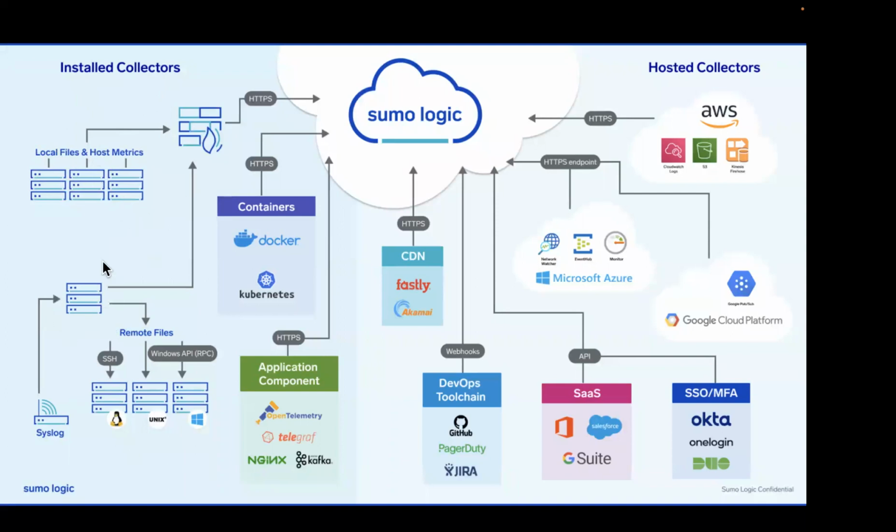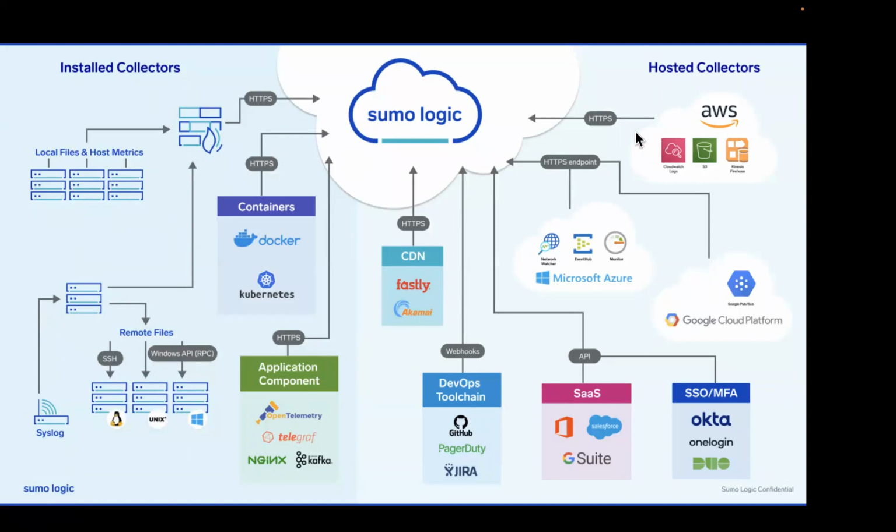Another approach for on-prem is maybe you have a dedicated server where you install your actual install collector. It's fed from other servers that are sending the logs and metrics to that centralized server. It's encrypting, compressing, and sending it up through the firewall into Sumo Logic. So on the left side, this is your on-prem approach. These are examples of a distributed versus a standalone install collector approach.